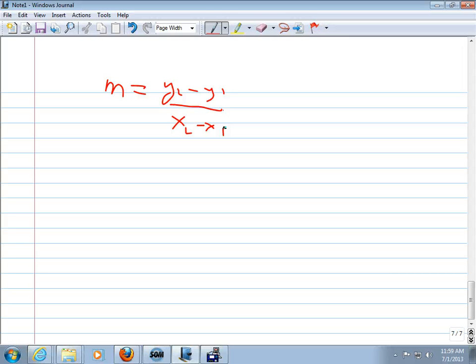What if you cross multiply? Whenever you have one fraction equals another, this is over what? 1. You can cross multiply. 1 times anything is the anything. y2 minus y1. And m times stuff is, well, you could distribute it or you could write it out like this.